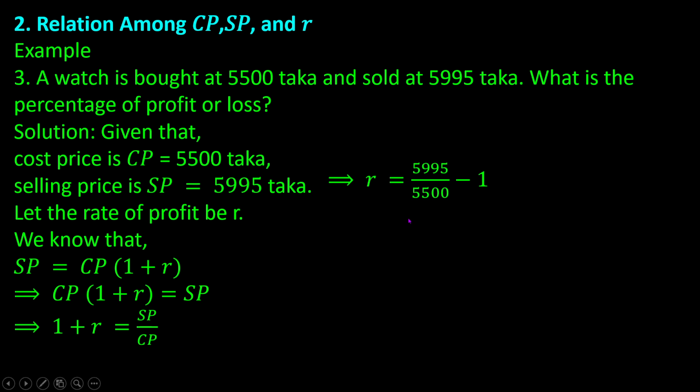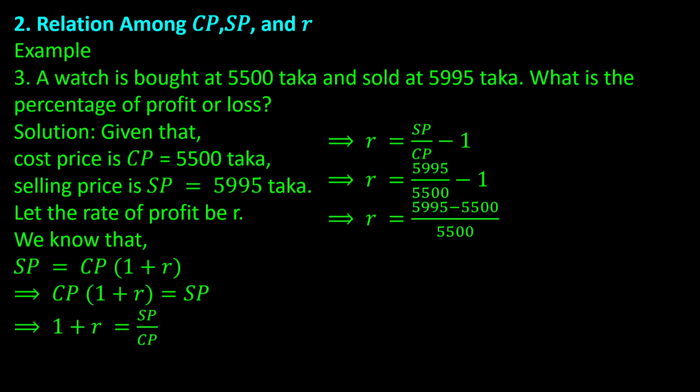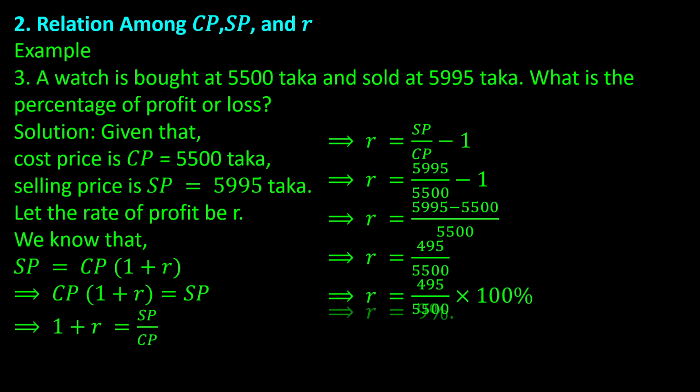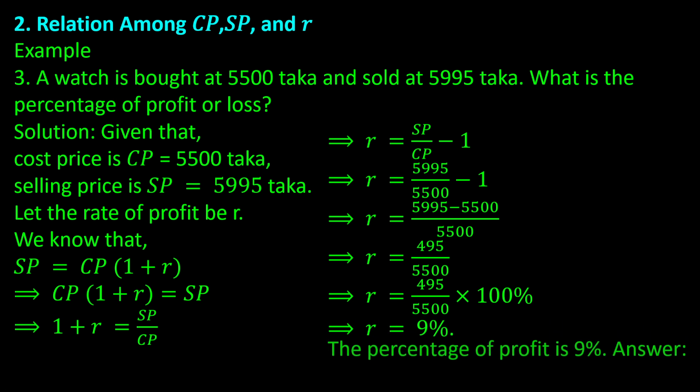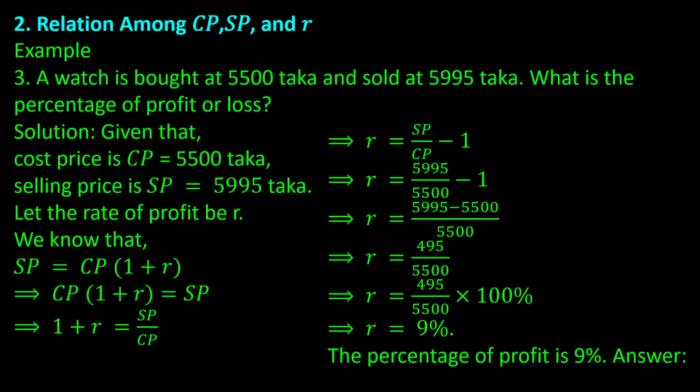Putting the values of SP and CP we get R equals 5995 divided by 5500 minus 1. Now doing the calculation, I get R equals 9%. So the percentage of profit is 9%.